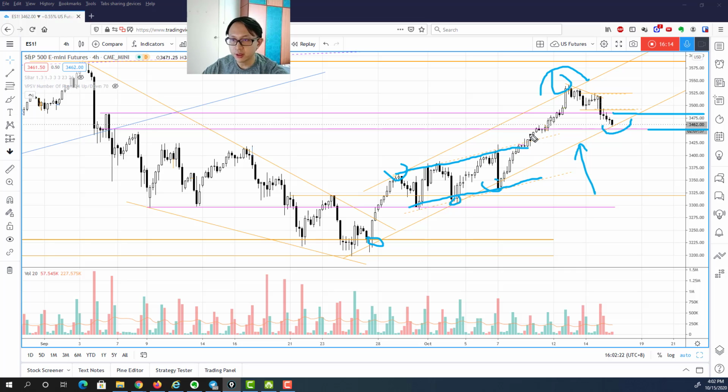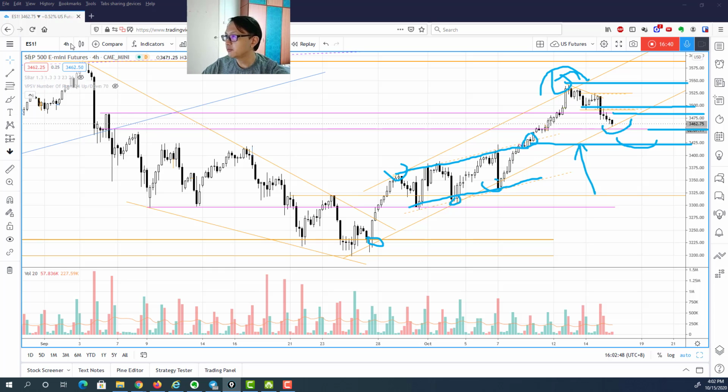Somewhere around here, I think that will be around 34.20, 25, somewhere around there could be the next level to watch as well. Alright, so the immediate resistance level I think is very straightforward and clear. This is one level close to 3500, and another level is the swing high level 3550 or 3540.